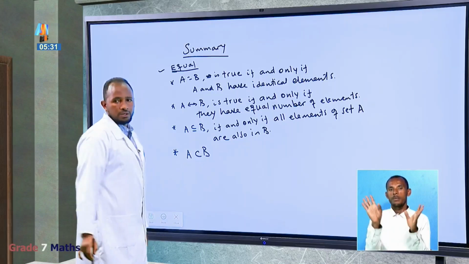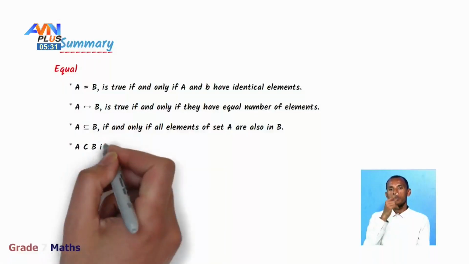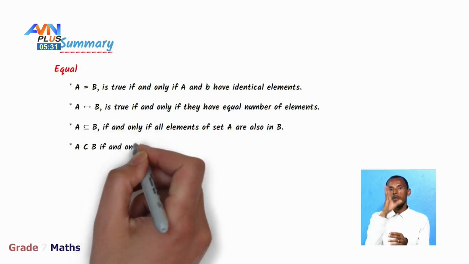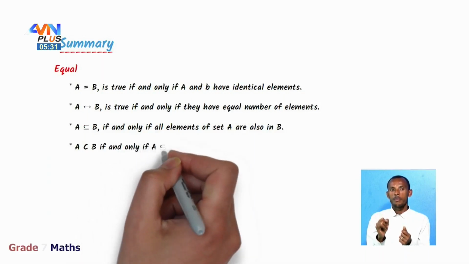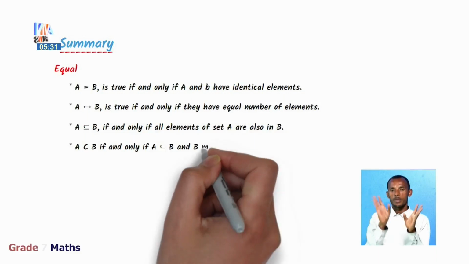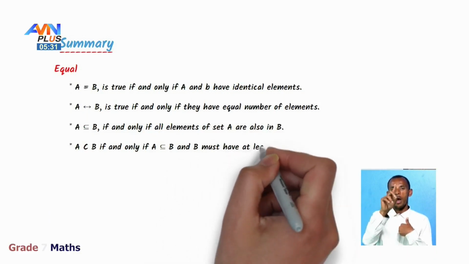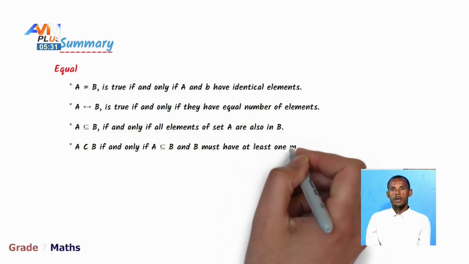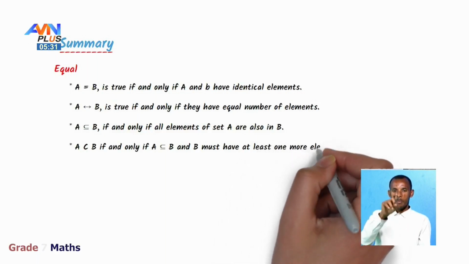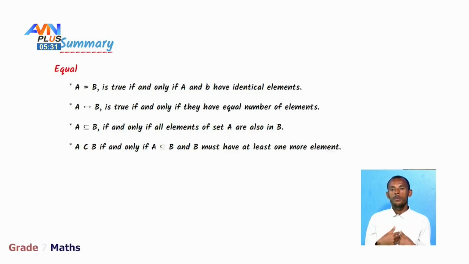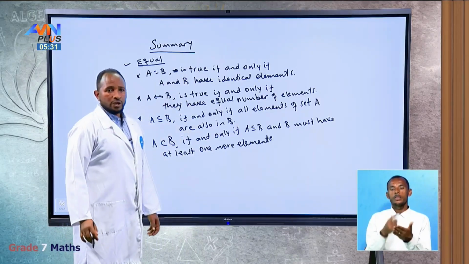A is a proper subset of B if and only if A is a subset of B, and B must have at least one more additional element. So this is the concept that we have seen today.